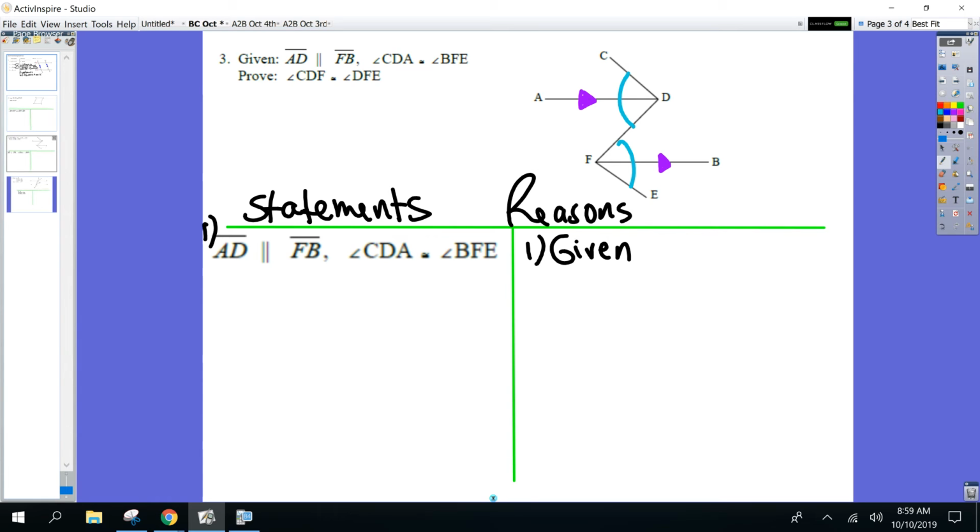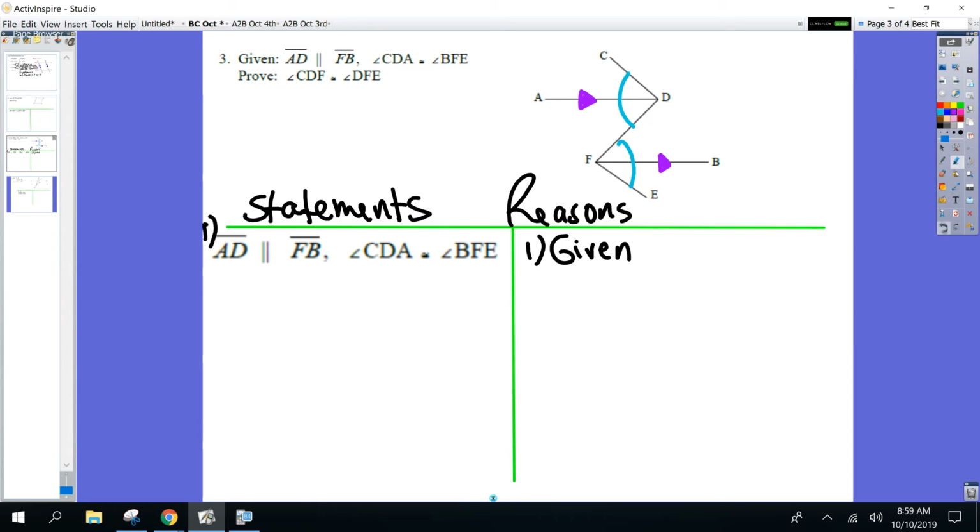Because what lines would need to be parallel for them to be congruent? Look how they're formed. What lines would need to be parallel? CD and FE, and I don't have that. So I'm just showing you that, yes, they are alternate interior, but they're not congruent because I don't know the proper lines are parallel.